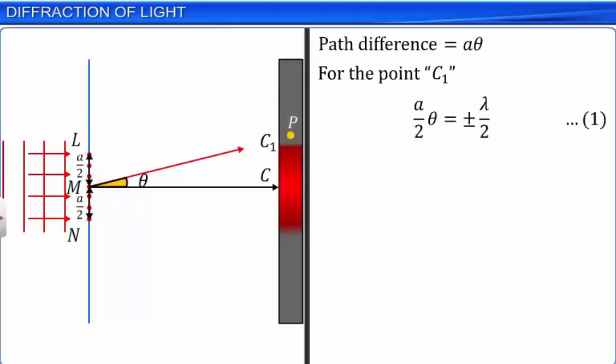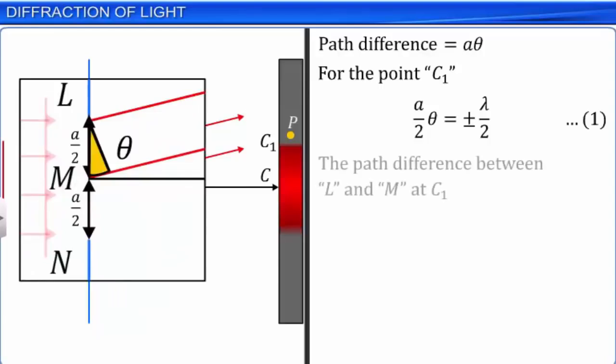Consider the waves from the point sources located at L and M reaching the point C1. Since these two sources are separated by A by 2, the path difference between them at the point C1 is equal to A by 2 theta. Let this be equation 2.